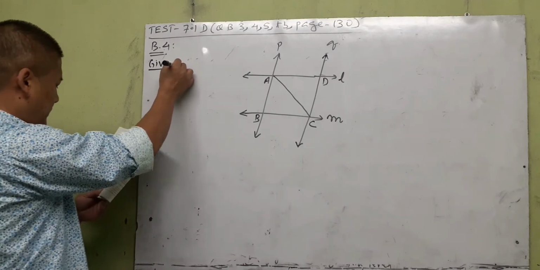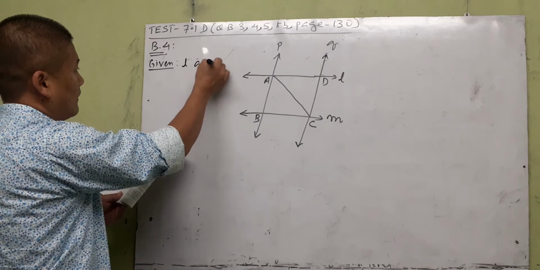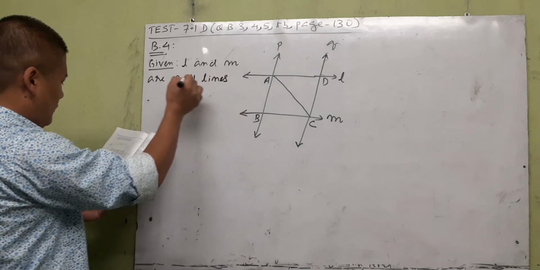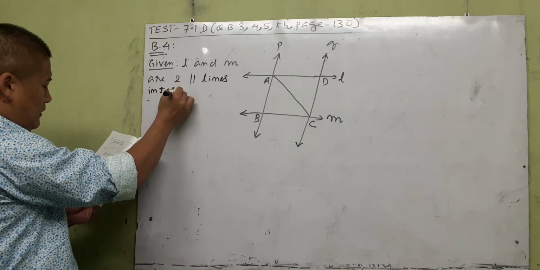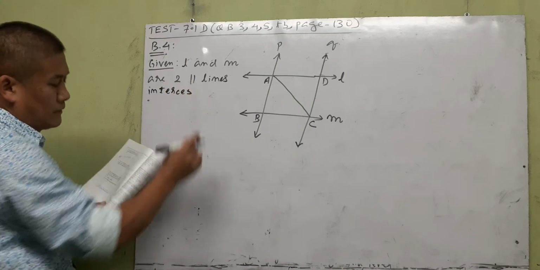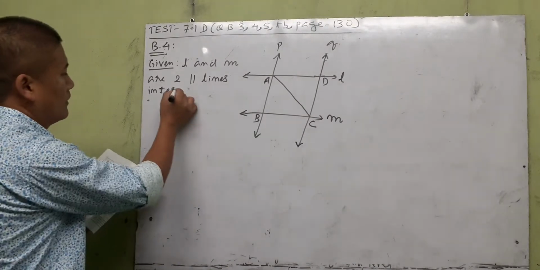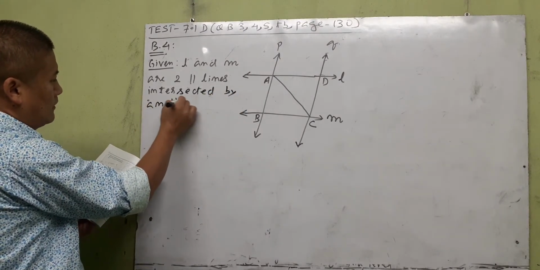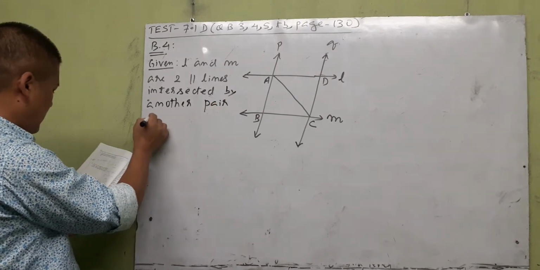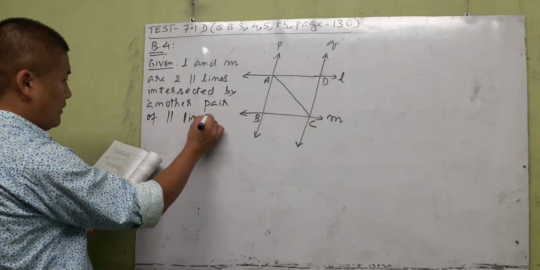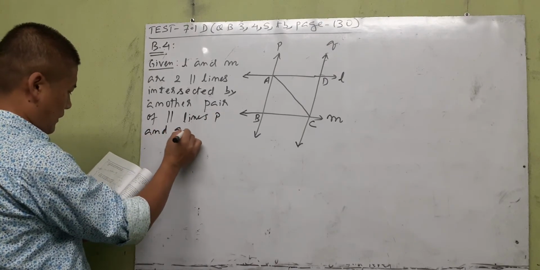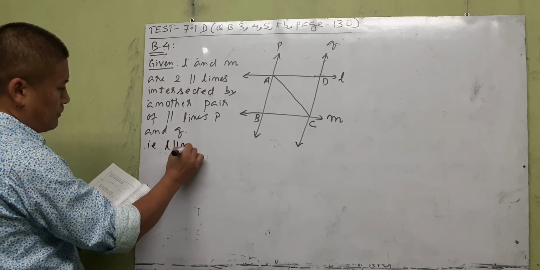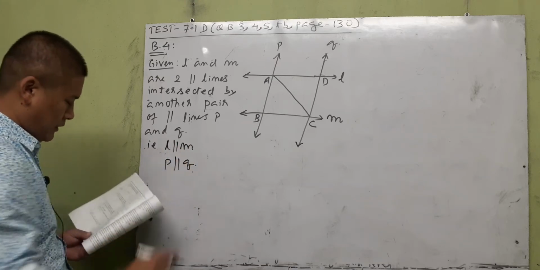Given is L and M are two parallel lines, intersected simply means cut, intersected by another pair of parallel lines P and Q. In other words, first here L is parallel to M line and P is parallel to Q. That's what the question means.